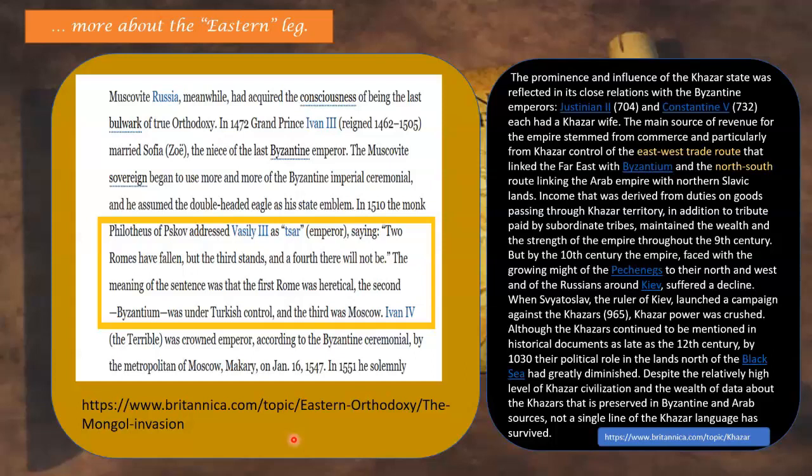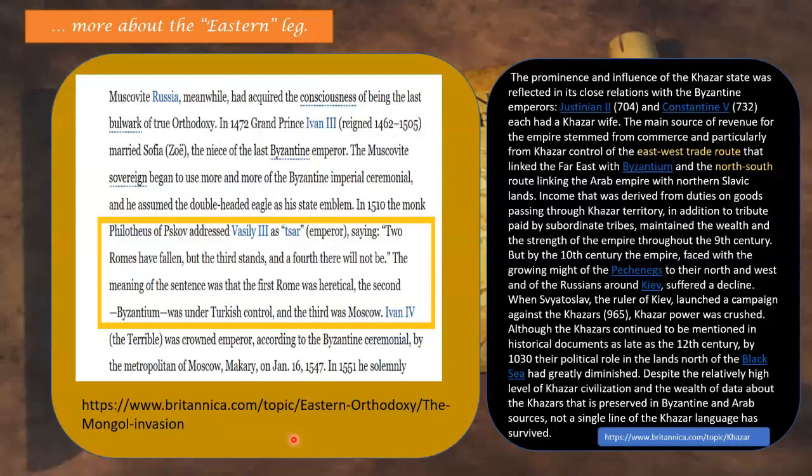In 1510, the monk Philotheus of Pskov addressed Vasily III as Tsar, emperor, saying, "Two Romes have fallen, but the third stands, and a fourth there will not be." The meaning of the sentence was that the first Rome was heretical, the second Byzantium was under Turkish control, and the third was Moscow. Ivan IV, the Terrible, was crowned emperor according to the Byzantine ceremonial by the Metropolitan of Moscow, Makarii, on January 6, 1547.